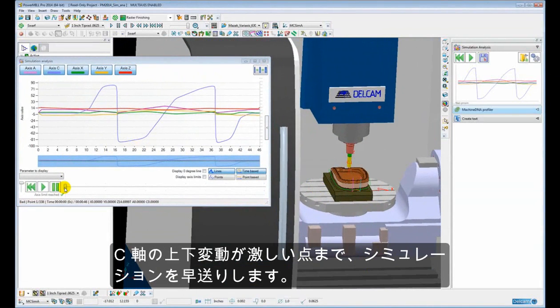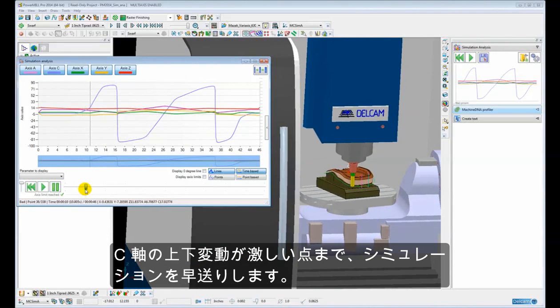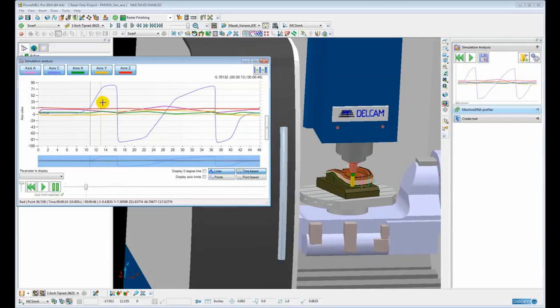So if we just fast forward the simulation to the point where we get these large dips and large peaks in the C axis.